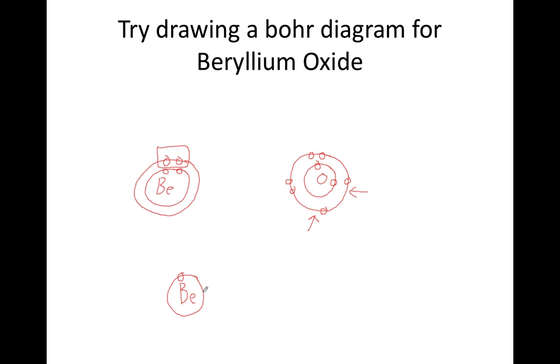So you have 2 electrons and a charge of 2 plus, and then the oxygen atom, which is going to have 2 and 8, for a charge of 2 minus.